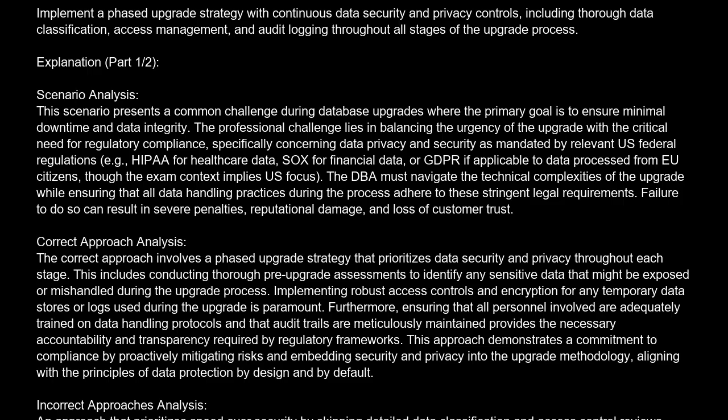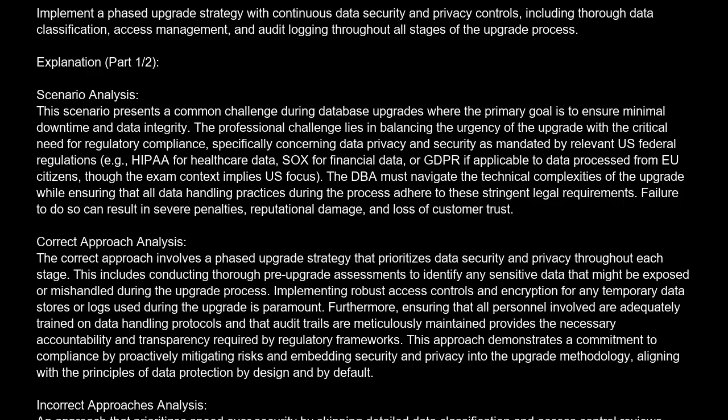Furthermore, ensuring that all personnel involved are adequately trained on data handling protocols and that audit trails are meticulously maintained provides the necessary accountability and transparency required by regulatory frameworks. This approach demonstrates a commitment to compliance by proactively mitigating risks and embedding security and privacy into the upgrade methodology, aligning with the principles of data protection by design and by default.